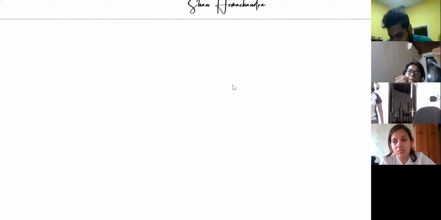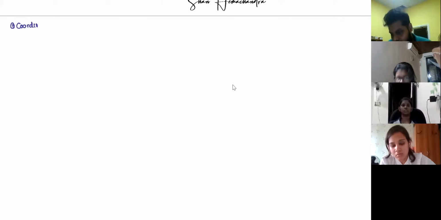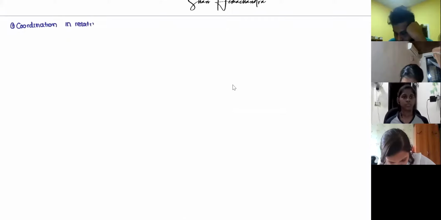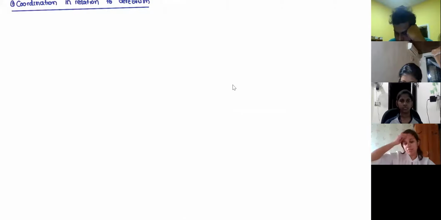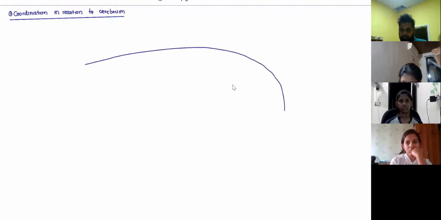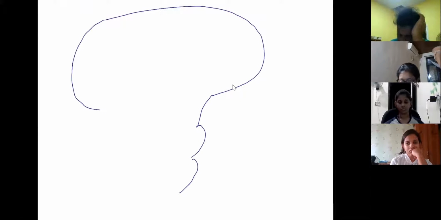First one is coordination in relation to the cerebrum. Okay. I'm just drawing the brain.